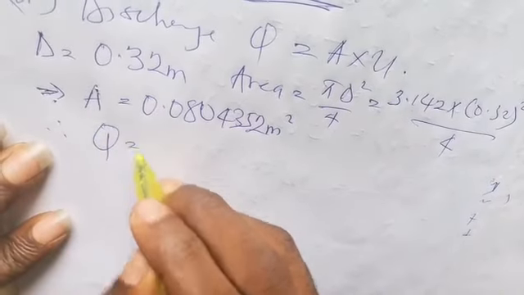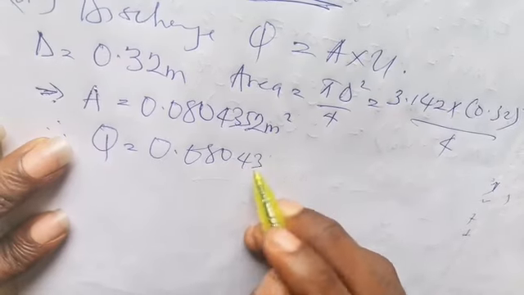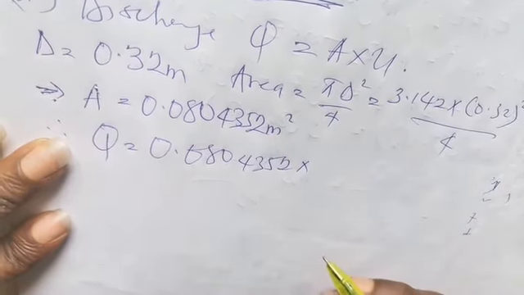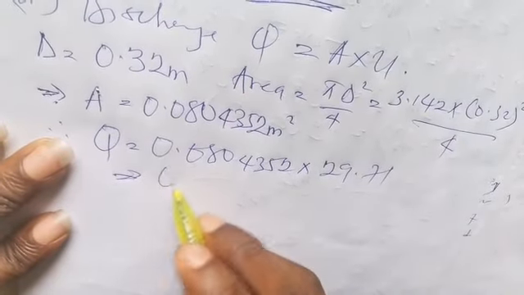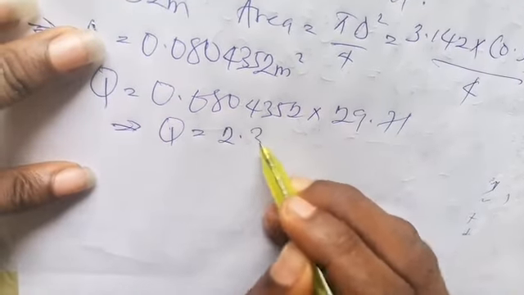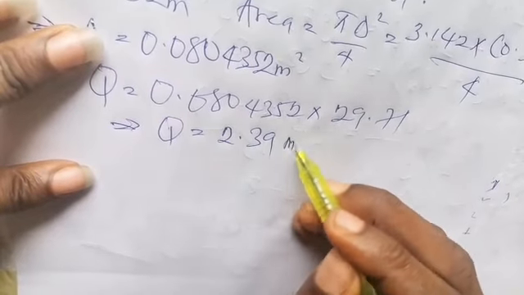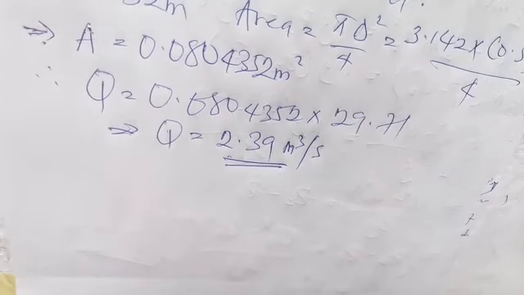Therefore discharge Q is equal to the area, 0.0804352, multiplied by the speed, 29.71. Multiplying gives us 2.39. So discharge equals 2.39 meter cube per second. That becomes the discharge of the fluid through the pipe.